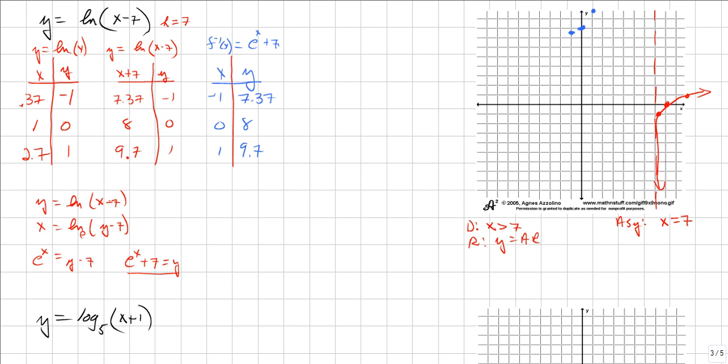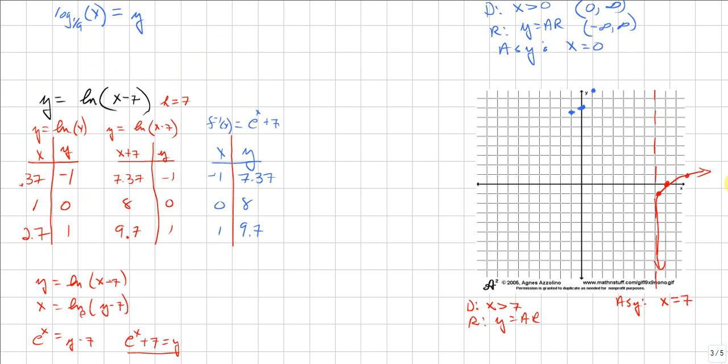I don't really have very good detail here on this graph. But the asymptote is going to move from an asymptote at x equal to 7 to y equal to 7. So 1, 2, 3, 4, 5, 6, 7. Here's going to be my asymptote. Remember, when I take the inverse, what is x becomes y and y becomes x. So the asymptote at x equal to 7 becomes an asymptote at y equal to 7.